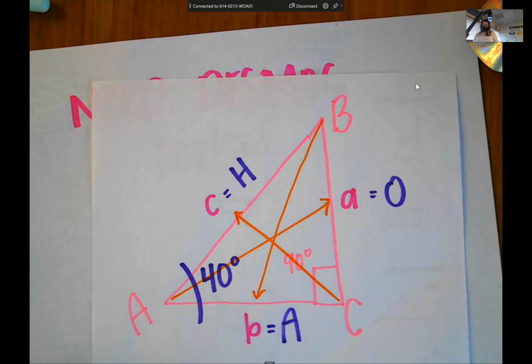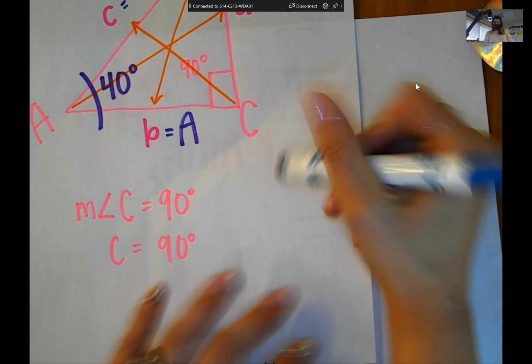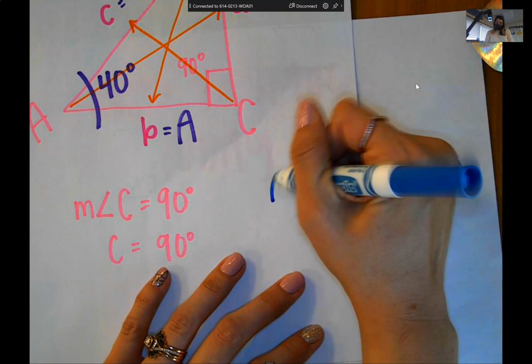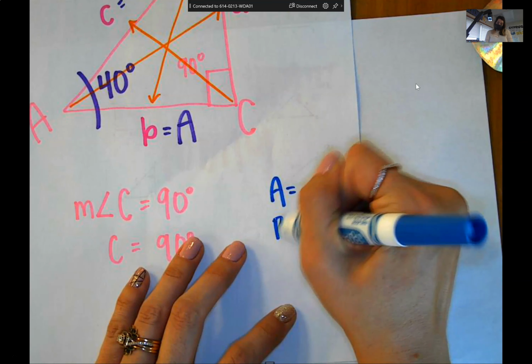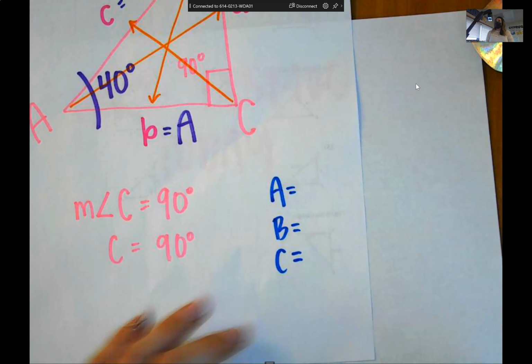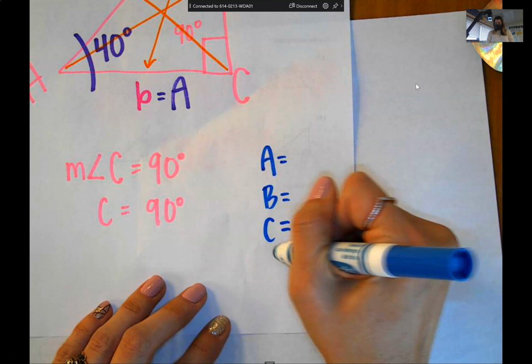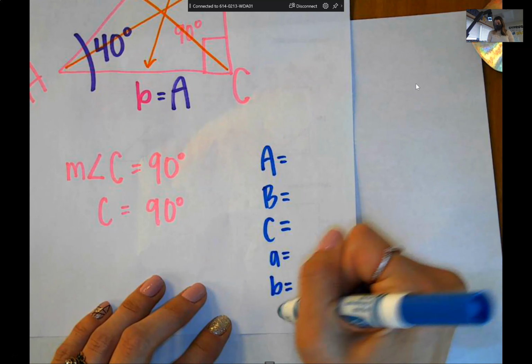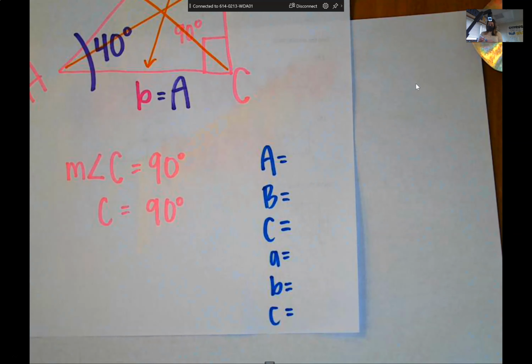So the very last problem we do today will have you list out all of the angles. So it will say A equals, B equals, C equals, and then it'll have you give all of the sides. So solving a triangle means you find all of the angles and all of the sides.